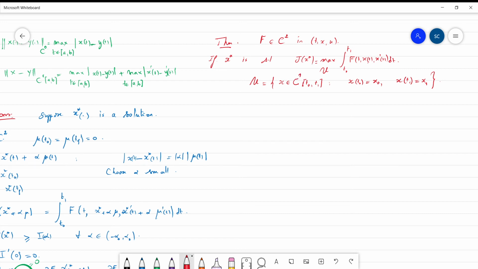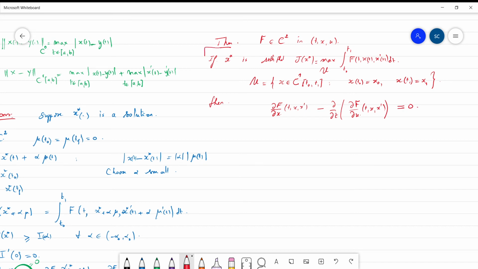Okay, so if x star is such that it realizes the maximum, then necessarily it is a solution of df/dx, your function derivative applied at t, x, x prime, minus d/dt of the partial derivative with respect to u of f, applied at t, x, x prime, equal 0.